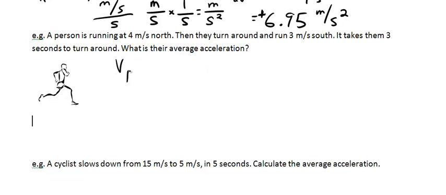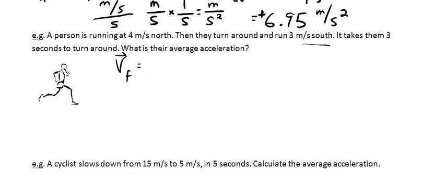Okay, so final velocity is 3 meters per second south. Let's use the positive sign for north and the negative sign for south. Just makes it a little bit easier in our calculation, and we can change it back to north and south after.